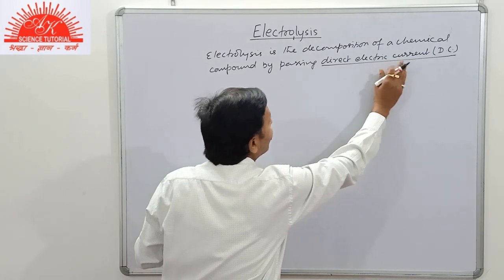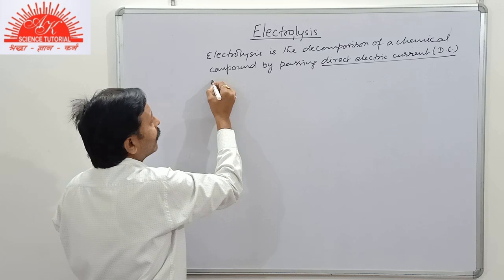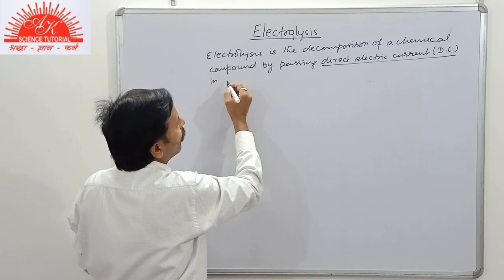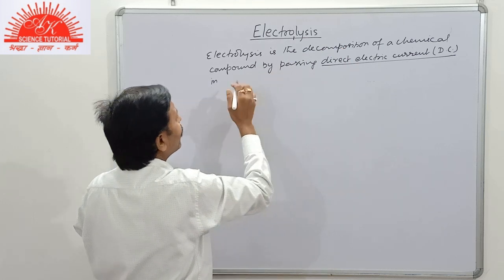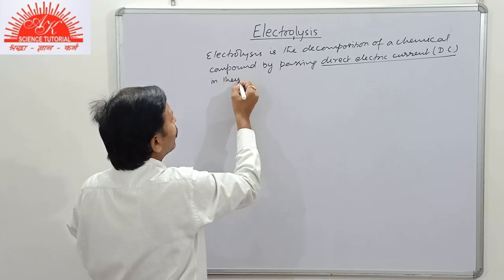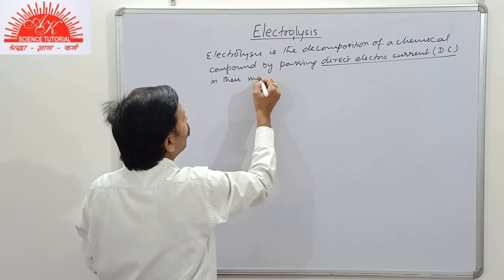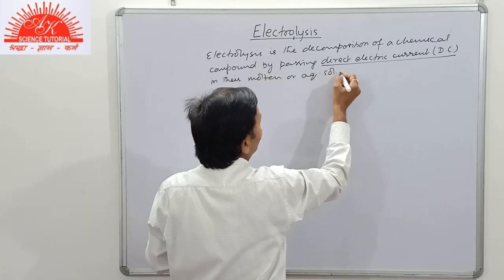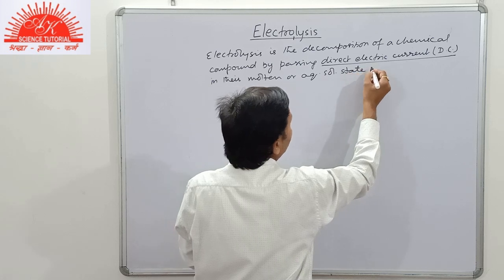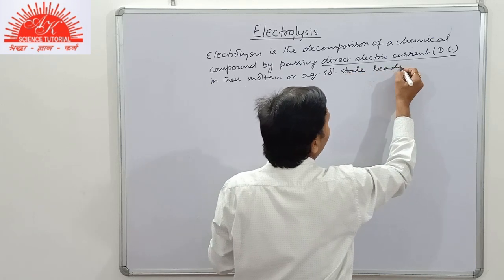So electrolysis is the decomposition of a chemical compound by passing direct electric current in their molten or aqueous solution state, leading to chemical change.